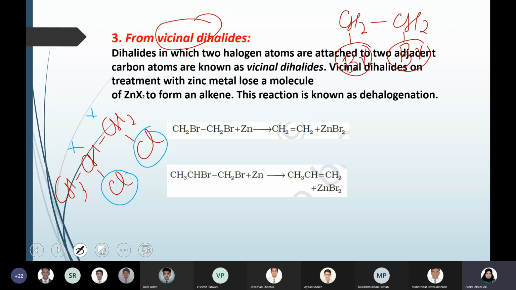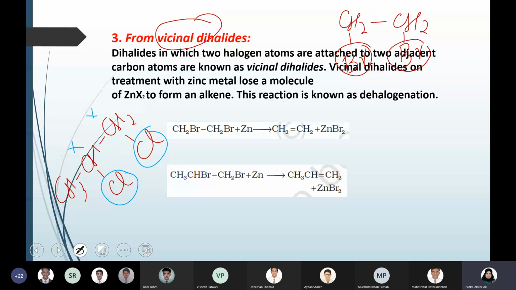So if you have a vicinal dihalide and you do a reaction with zinc, then it will lose those halogens. For example, if you have chlorine or bromine, that molecule will be removed and a double bond is created.